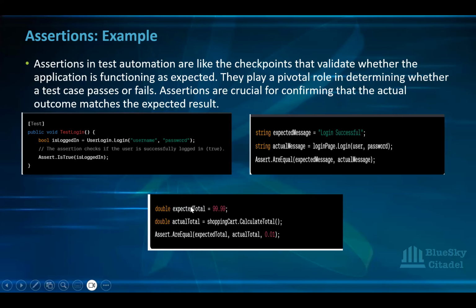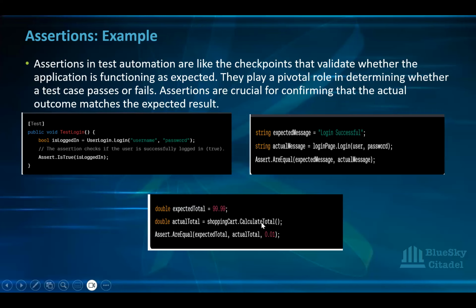We want to calculate this is the expected total, and this is the actual total. And the functionality we are checking is the shopping cart. So my shopping cart is a total sum of what I have there, 99.99, whatever pounds or dollars or naira or cedis, whatever it is.